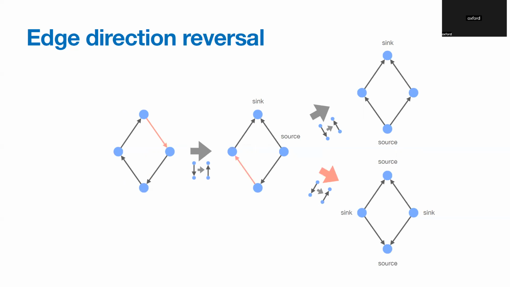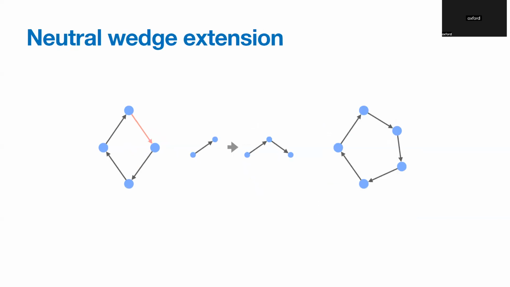And by that, what I mean is that even if you increase the size of your cycles, so you go from 4 to 5, for example, by just adding a node on an edge, so you create a neutral wedge. So creating a neutral wedge doesn't cost you anything, right? You're not interfering with the sink-source structure of the thing. You're just making your cycle larger.